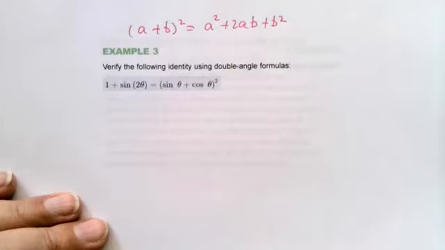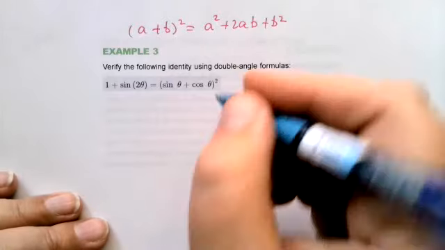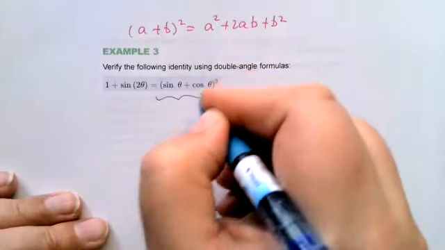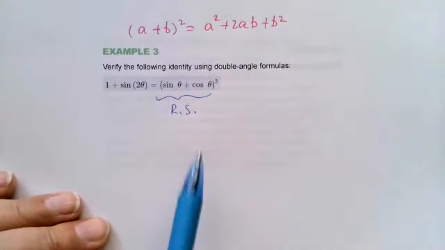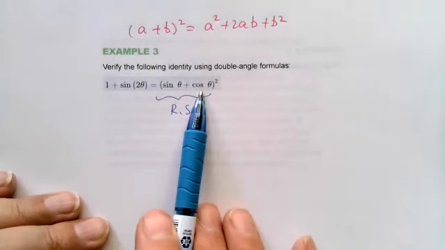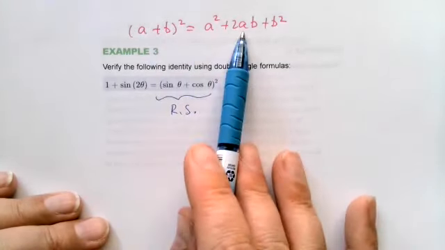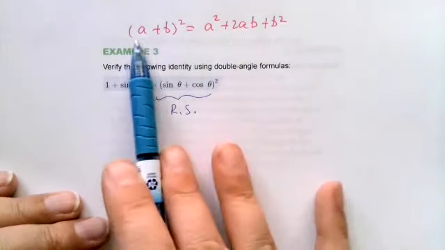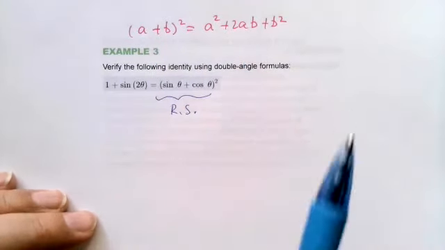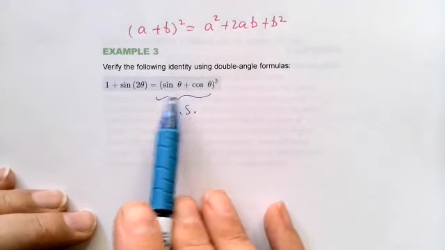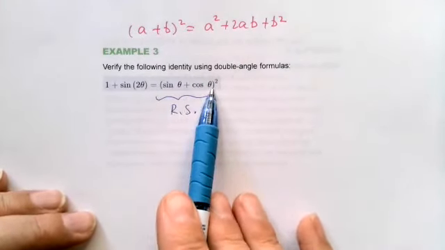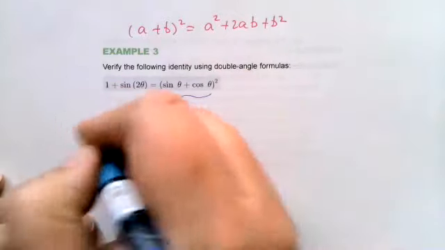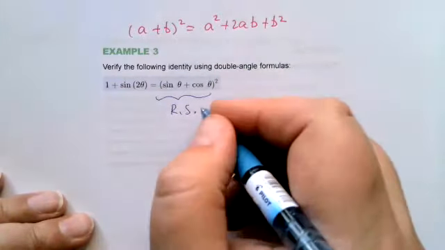And in this particular identity, I think our right side is more complicated than the left side. It's a square of a binomial. I'm going to use this formula that you should be familiar with. I just wrote it here to remind you of this formula. This is what I'm going to use to unwrap the right side of this expression.